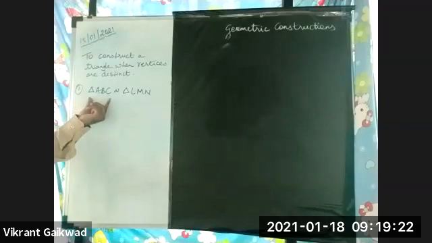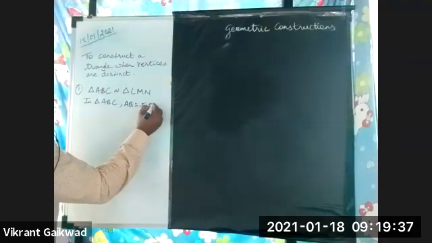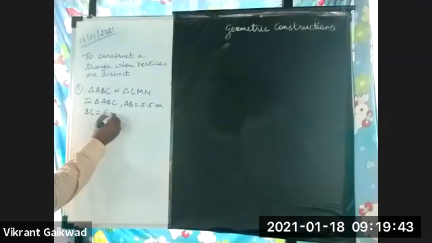Triangle ABC similar to triangle LMN, and check, in triangle ABC, AB equals 5.5 centimeters, BC equals 6 centimeters, CA equals 4.5 centimeters.